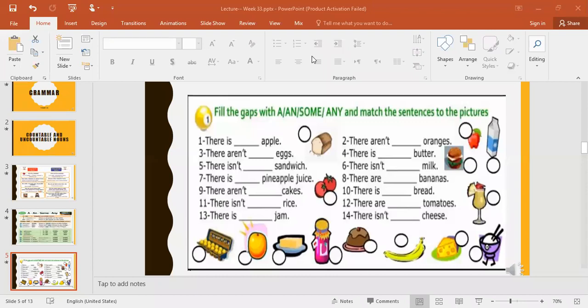Samia. There isn't a sandwich. Yes, a sandwich. Angelina. There isn't any pineapple juice.